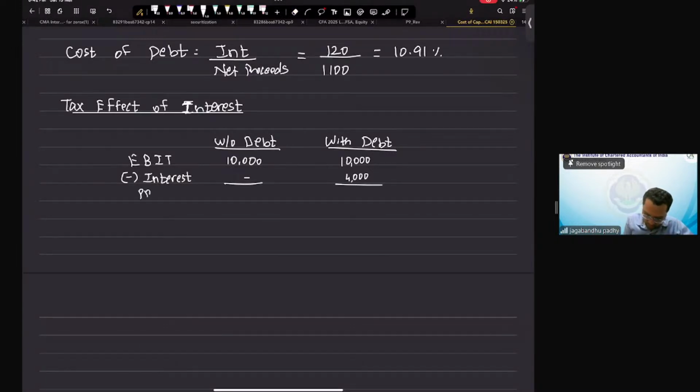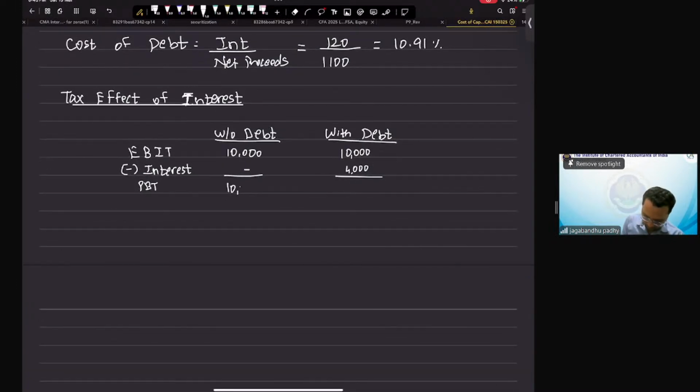So that will give us a profit before tax of 10,000 and 6,000. Now we subtract the tax, let's say at the rate of 30%. If it is without debt, on 10,000, what is the amount of tax that needs to be subtracted? 3,000, 30%, 3,000.